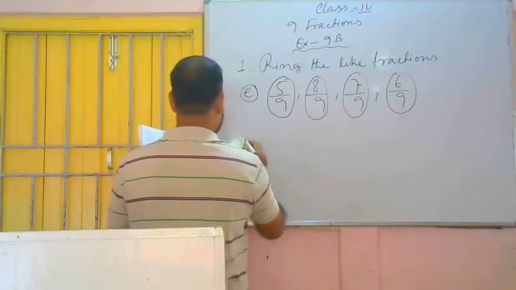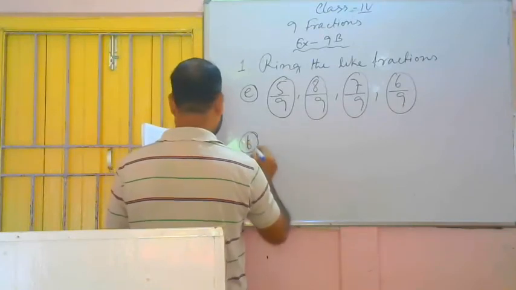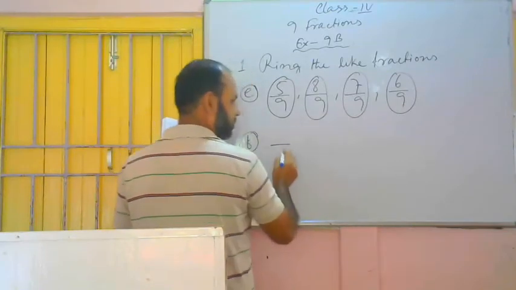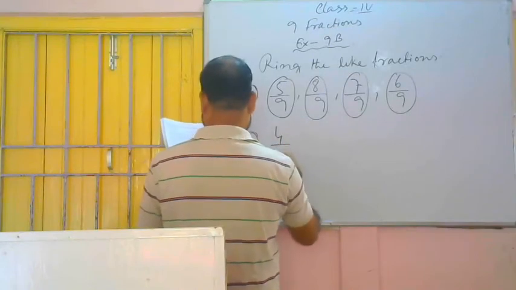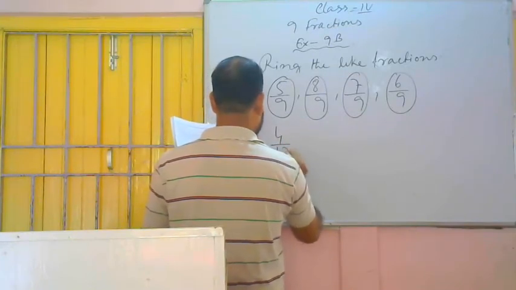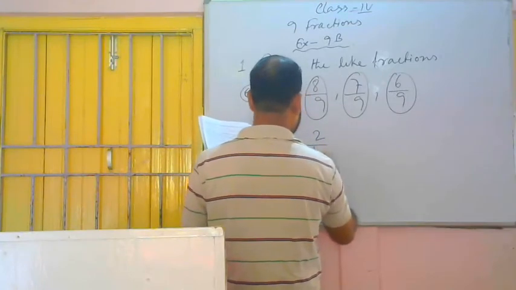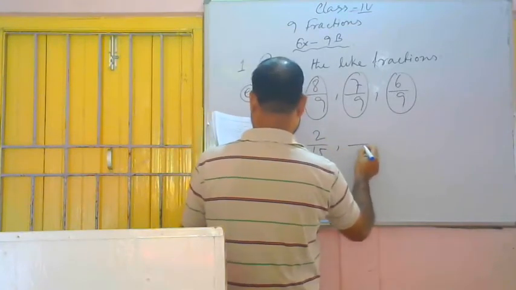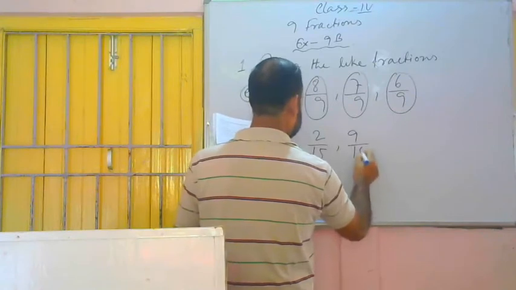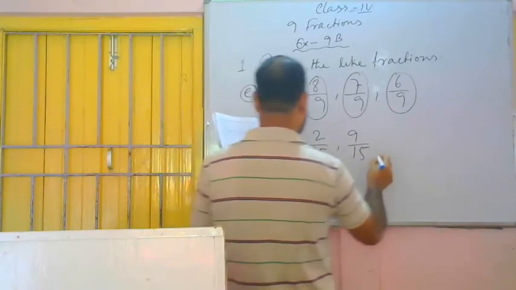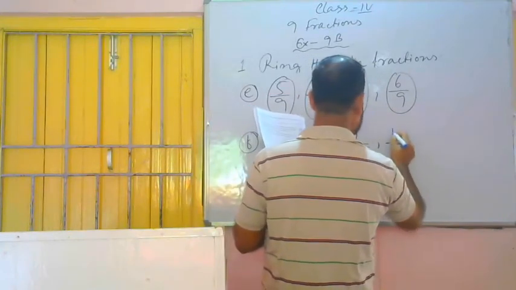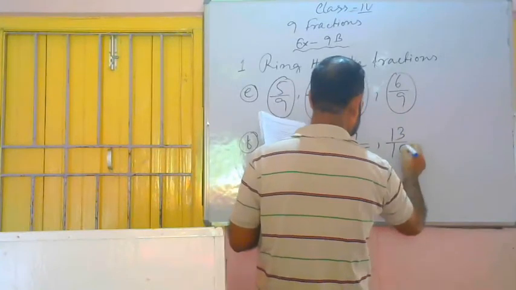Next, question number F: 4 by 13, 2 by 15, 9 by 15, 13 by 15.